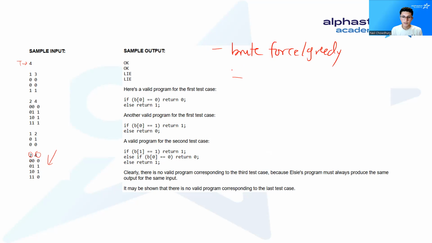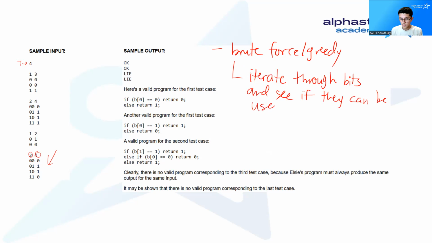But the sketch here is going to be just like iterate through bits and see if they can be used in an if or else if split. And I'm going to use this word split a lot.